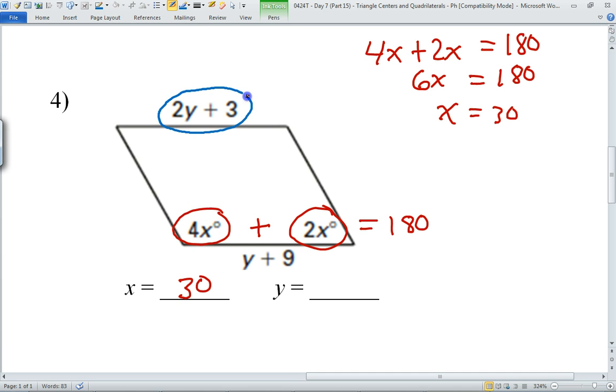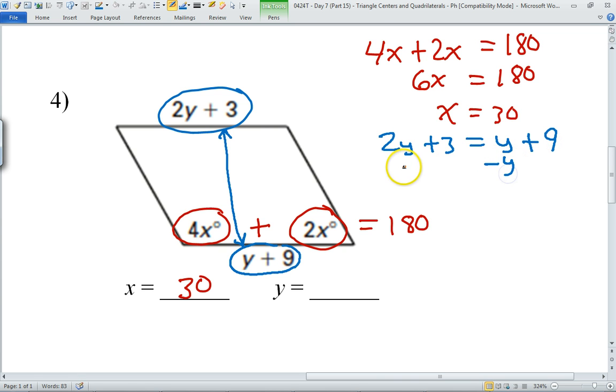What's the relationship between these two expressions? Well, they should be equal to each other. Opposite sides of a parallelogram are equal. So 2y plus 3 should equal y plus 9. Let's subtract y from both sides.